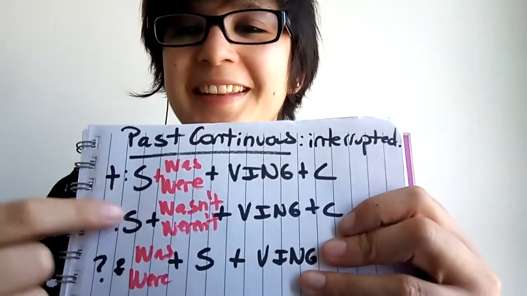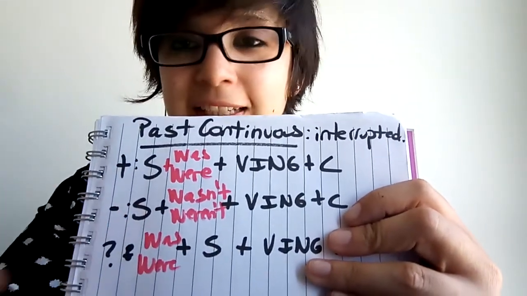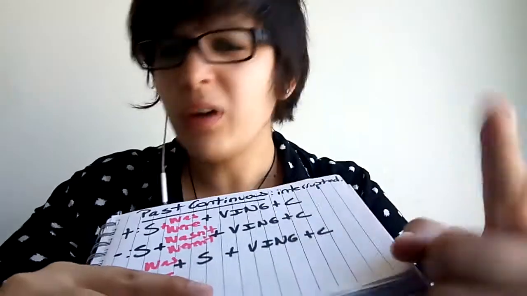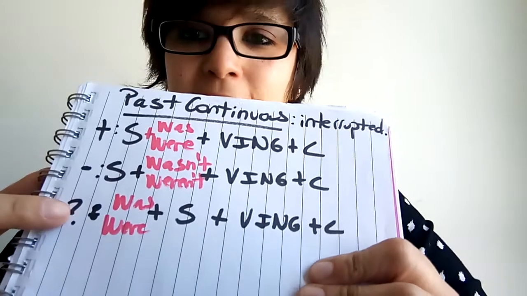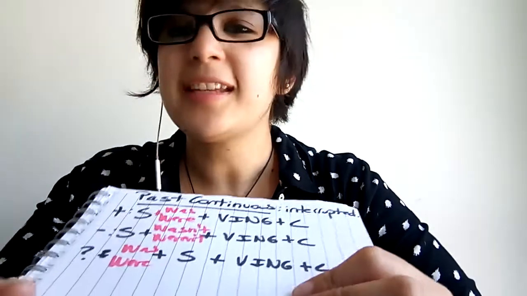In the case of the negative, you can say, you weren't studying. He wasn't talking. I wasn't fighting for my rights. And in the case of a question, were you studying? Was he singing?